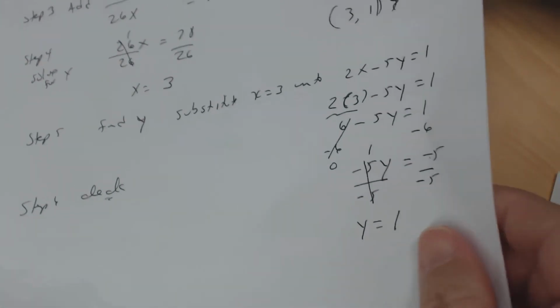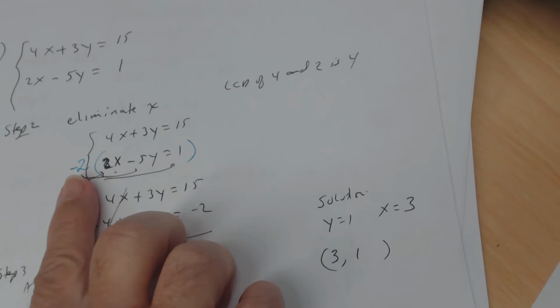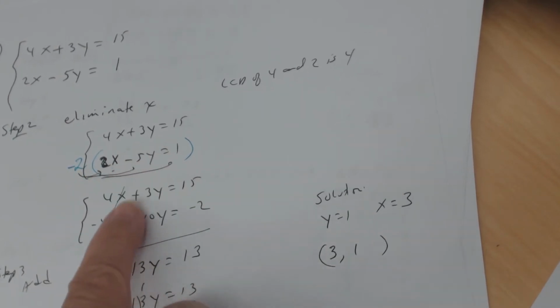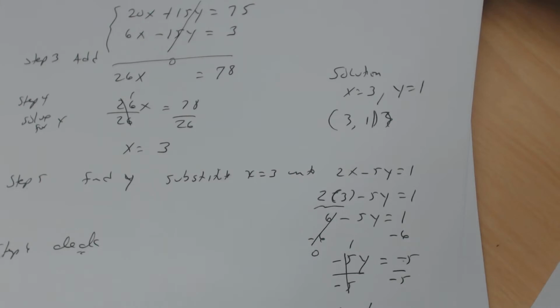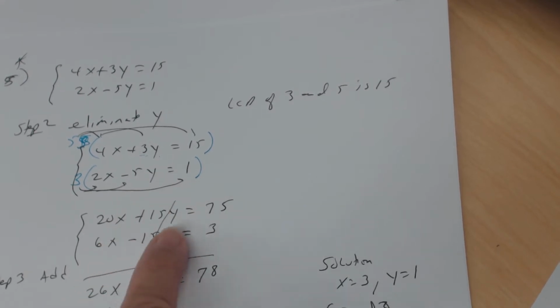Okay, let's look at this one. Just be aware, there are times when you just got to multiply one equation by a number before you add, and there are times when you will have to multiply both sides of an equation by a number before you add them to eliminate.